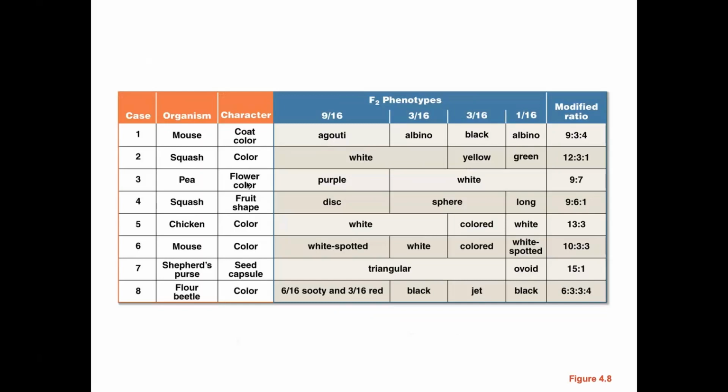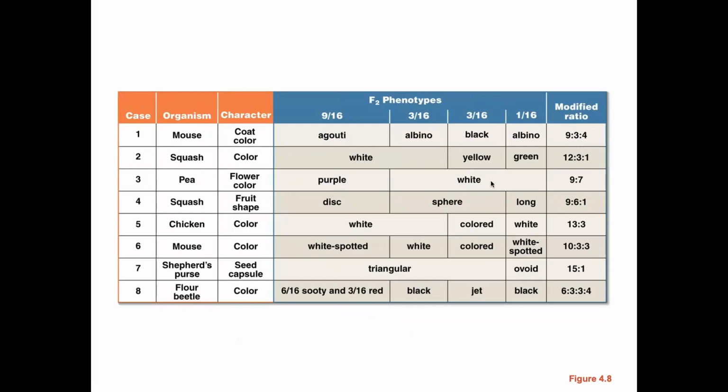And they were able to generate an F2 population that segregated not 3 to 1 like Mendel, but 9 to 7. So 9/16 of the F2 population had purple flowers, and 7/16 had white or colorless flowers. So it's the same trait that Mendel analyzed, but now you're getting a completely different segregation ratio in that F2 population. So how do you explain that? What's going on?